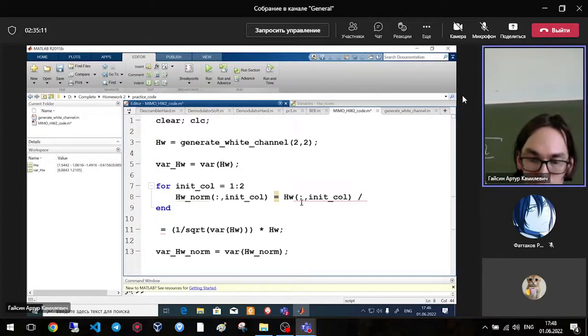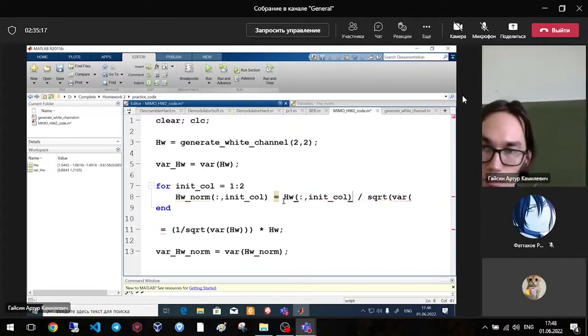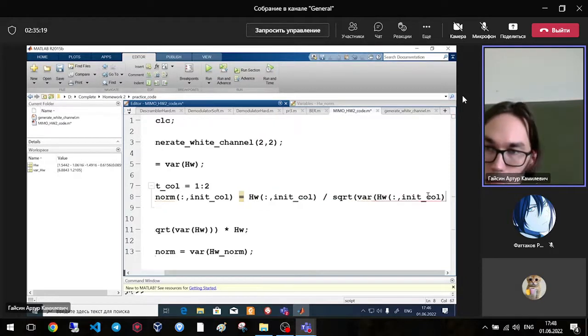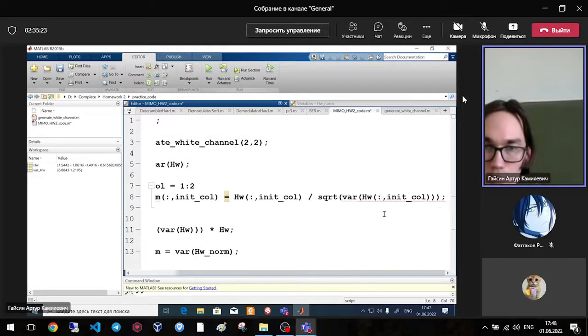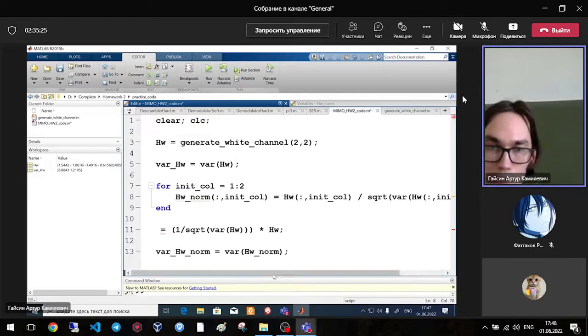We divide it by the square root of the variance of this column. Let's maybe do it in this way.